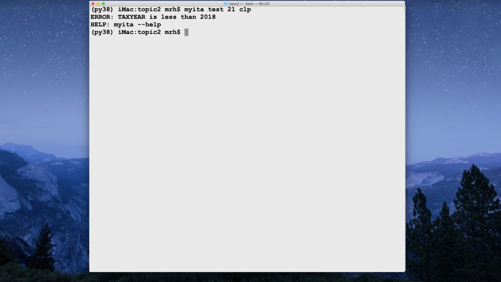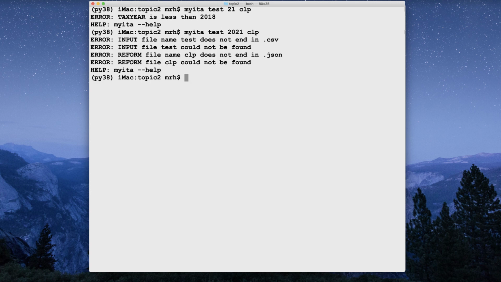What that means is you need a 4-digit year. So let's fix that. We rerun the model. Okay, now we're getting a whole bunch of errors. It's scanning over the input. It's saying the input files have to end in .csv. And it's also saying that the reform file doesn't end in JSON. So these are the 2 errors.